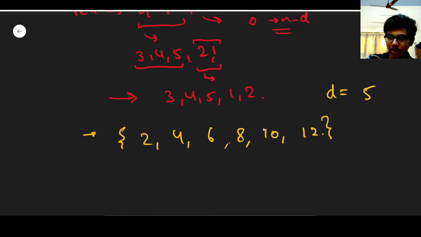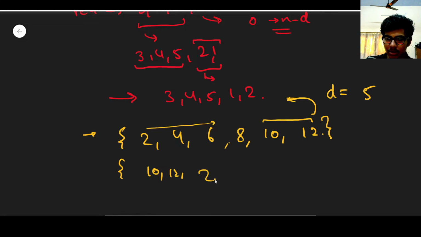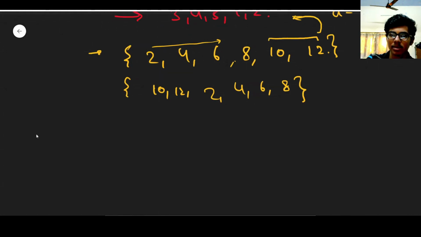The answer for this should be, first these should come, then I will go anti-clockwise. So in that case, the answer would be 10, 12, and these values will come after that: 2, 4, 6, and 8. So this should be the answer. Let me tell you how to get this answer.